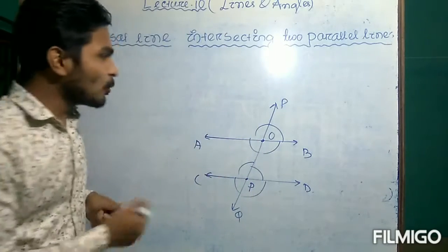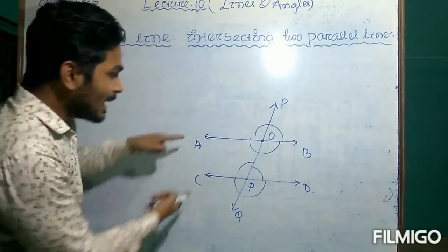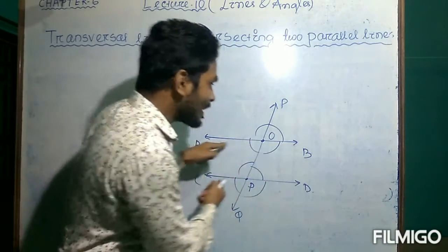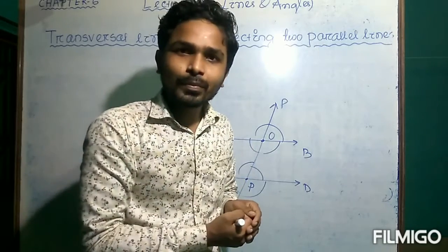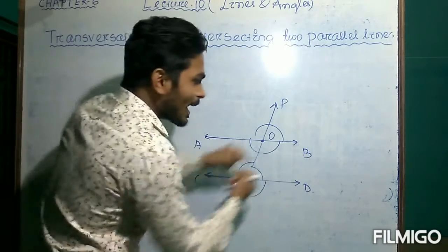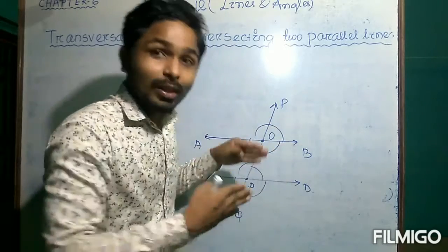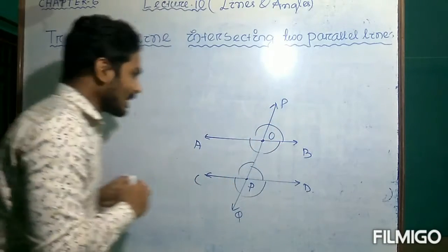The question is that whenever a transversal line intersects these two lines, then these two lines may be parallel or these two lines may not be parallel. It means the two lines either are parallel or they will intersect. Like this.